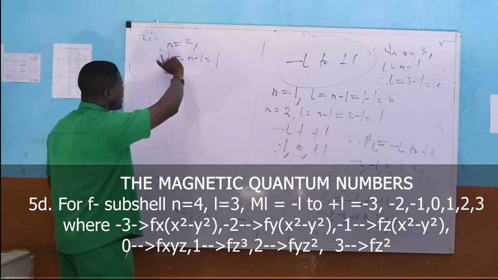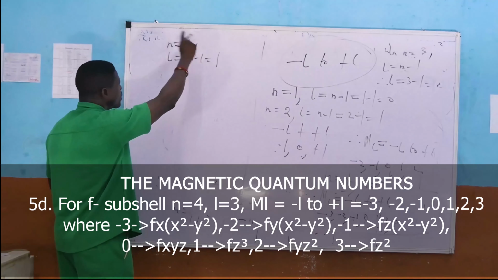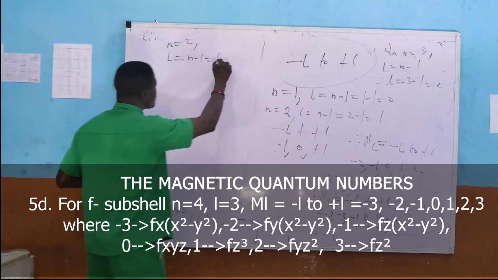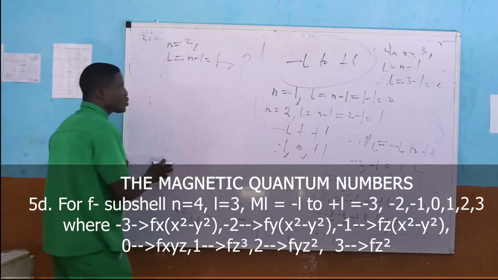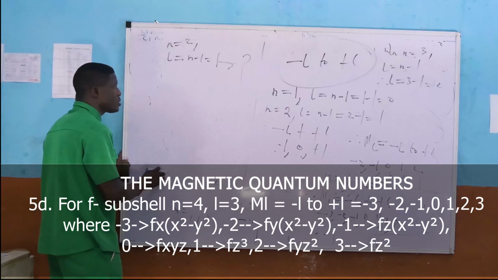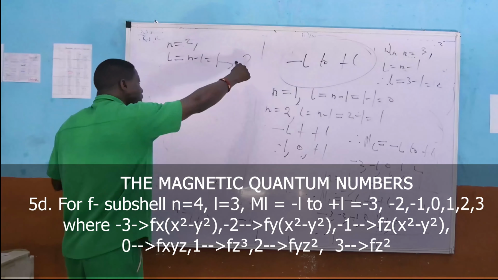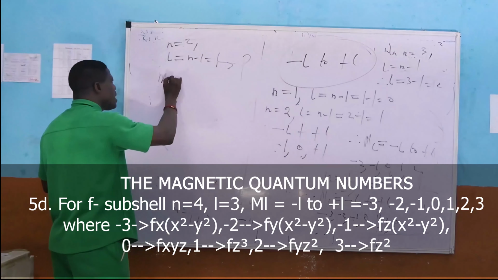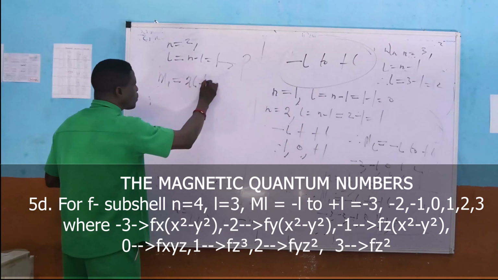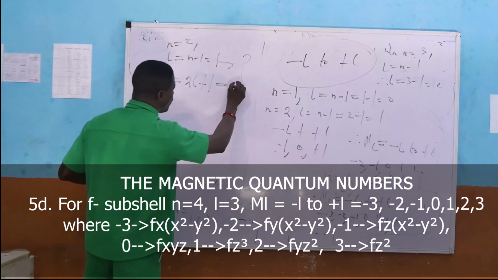Remember that for a principal quantum number of 2 and azimuthal quantum number of 1, we are talking about the p subshell. Inside of this p subshell, we have the number of orbitals equal to 2l plus 1, and that produces 3.